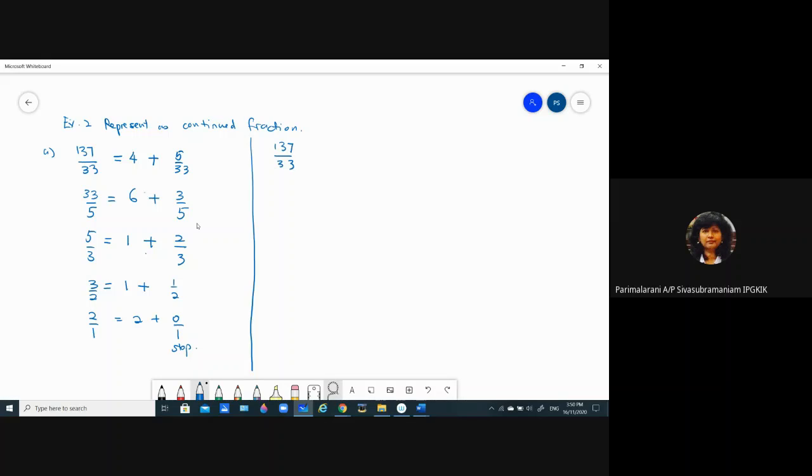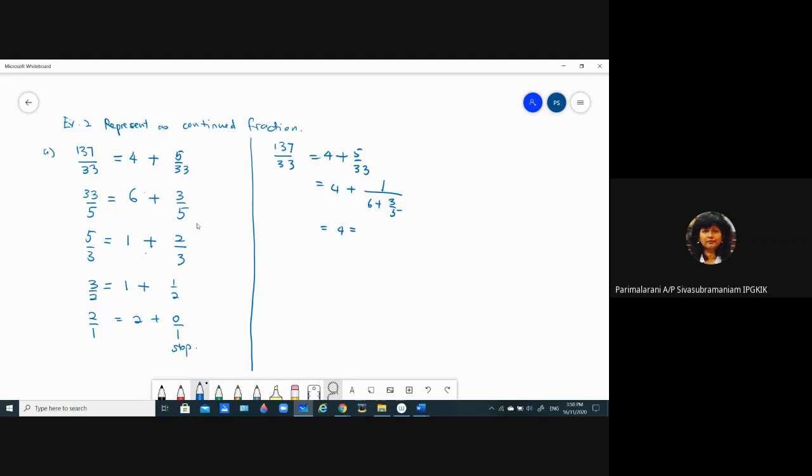So, therefore, 137 over 33 is equivalent to 4 plus 5 over 33, right? Yes. But 5 over 33 is equivalent to 1 over 6 plus 3 over 5.